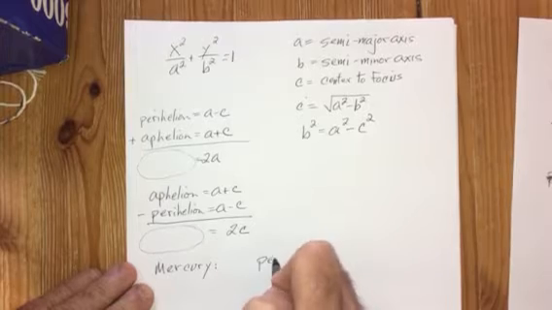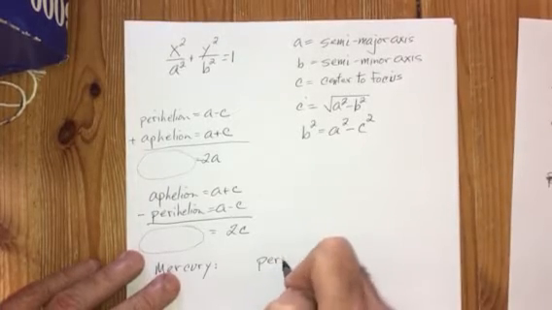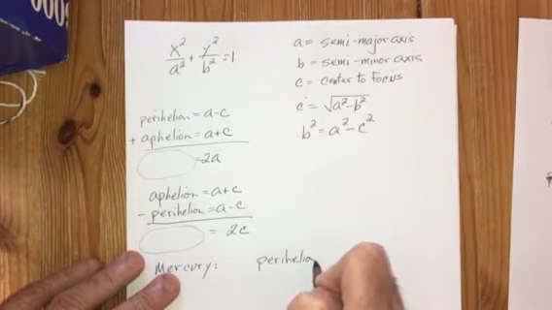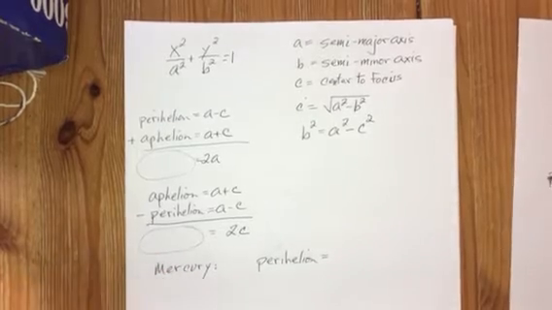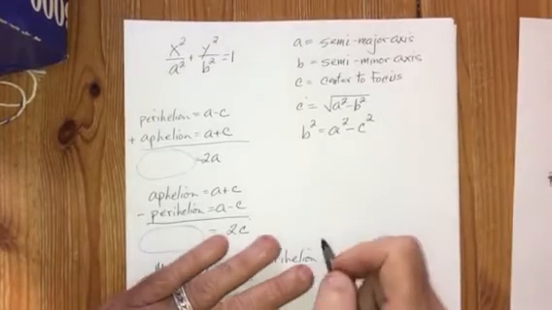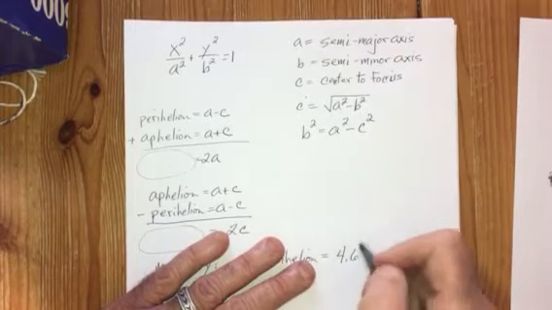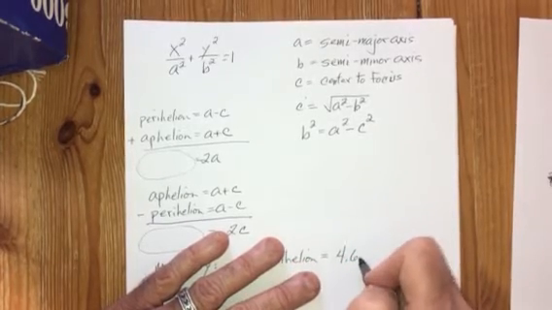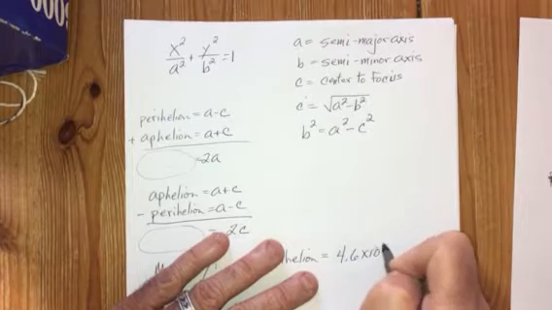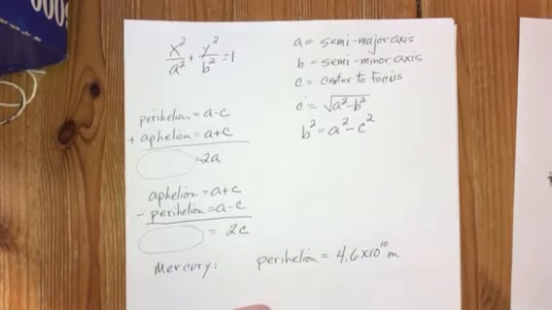Okay, so we're going to do this for the planet Mercury. For Mercury, the perihelion distance, we're going to call it 4.6 times 10 to the 10th meters.